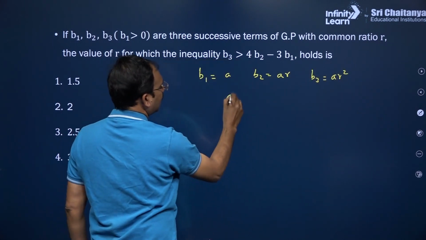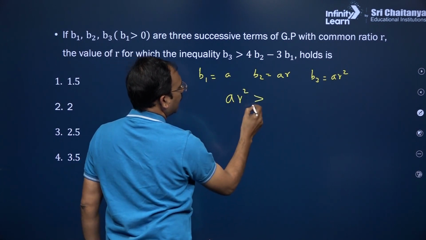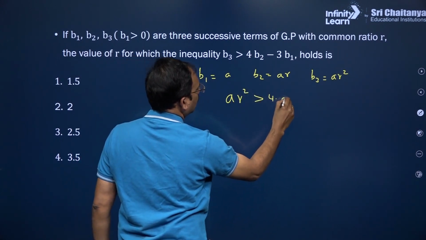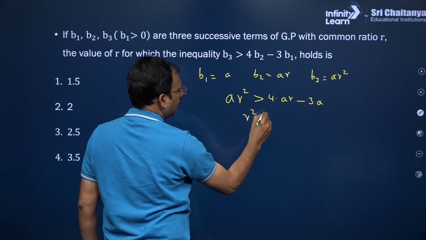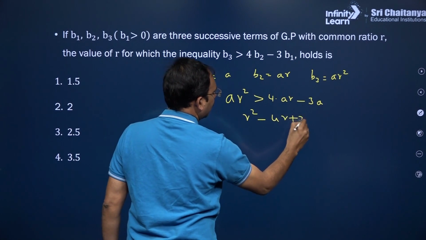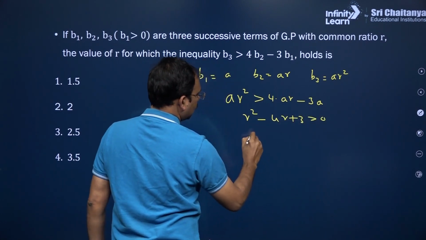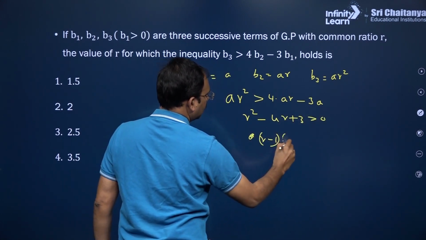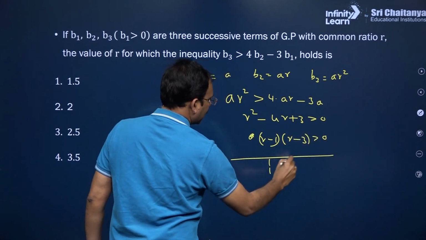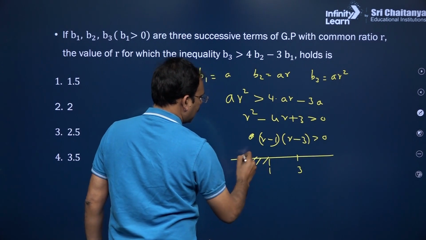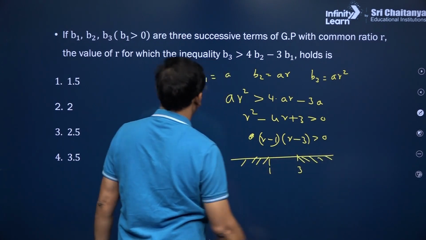Now the inequality will become AR square greater than 4 times AR minus 3 times A. Why don't you cancel A? R square minus 4R plus 3 is greater than 0. So you can say R minus 1 into R minus 3 is greater than 0. So R must be either less than 1 or more than 3, my dear friends.